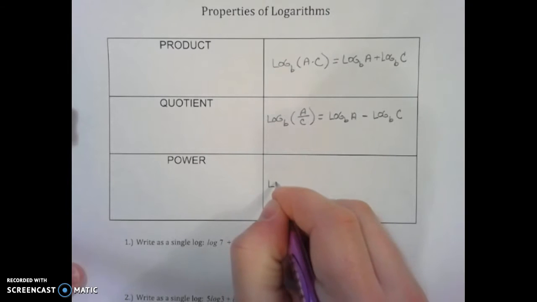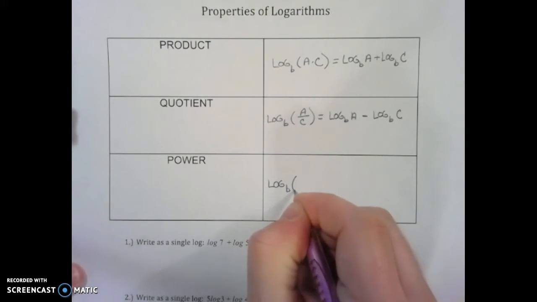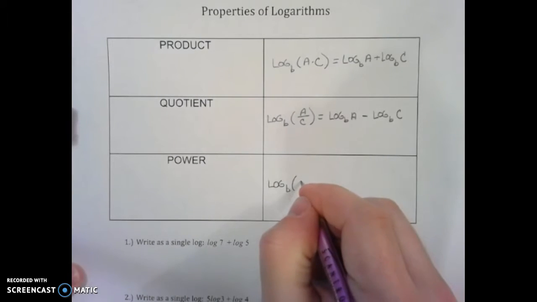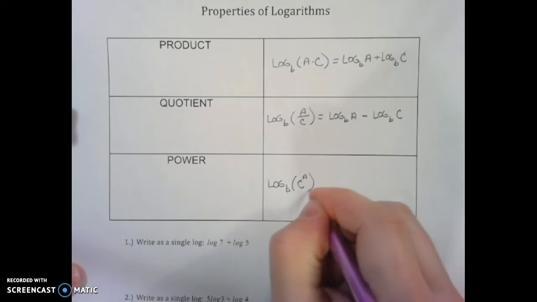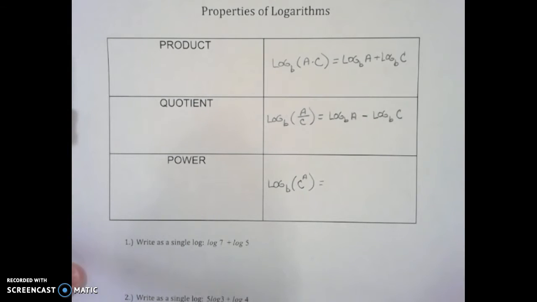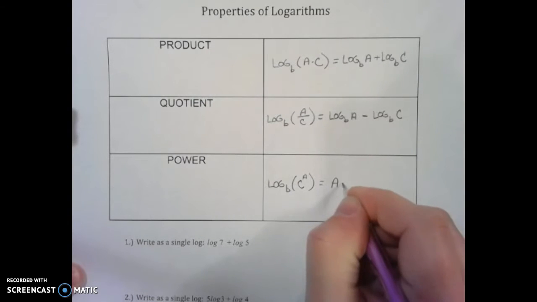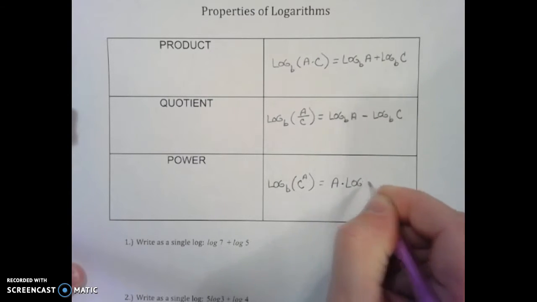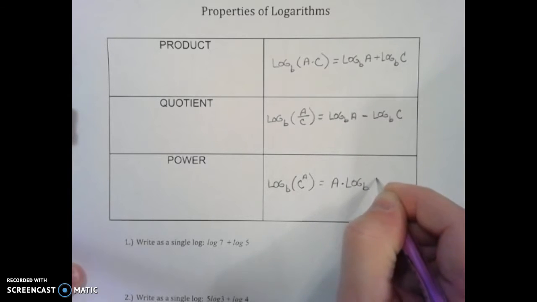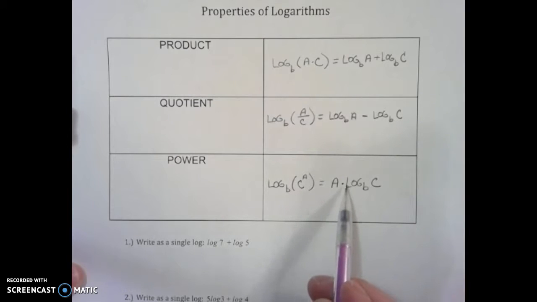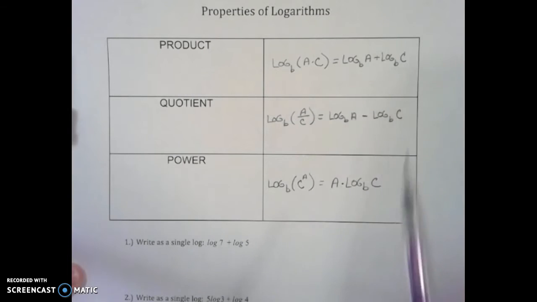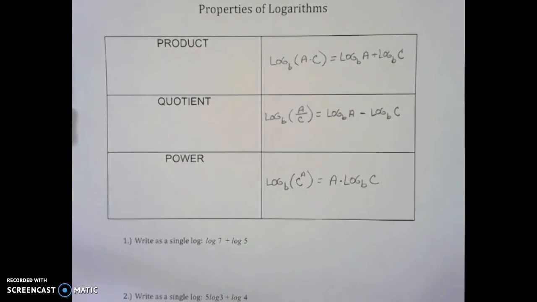If I have log base b of some number c raised to a power of a, then I can rewrite this as a times log base b of c. The a is going to come down as a multiplier times log base b of c. These are the three main rules that we're going to be using in order to rewrite as single logarithms.